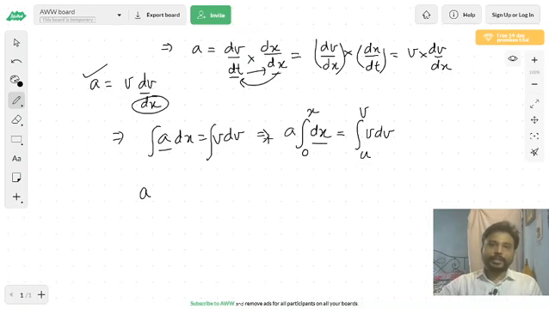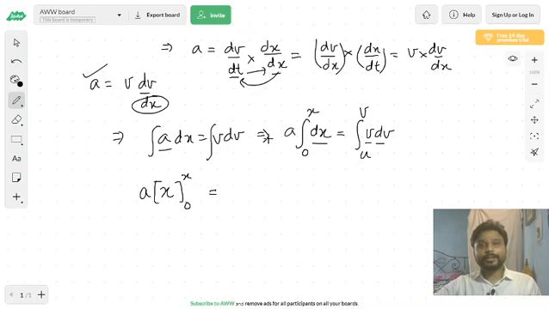Integration of something like dx is simply x, which we have been seeing quite commonly. If there is integration of dv, it becomes v. Integration of dt, it becomes t. So integration of dx alone becomes x only, with lower limit 0 and upper limit x. Integration of x dx was x square by 2.